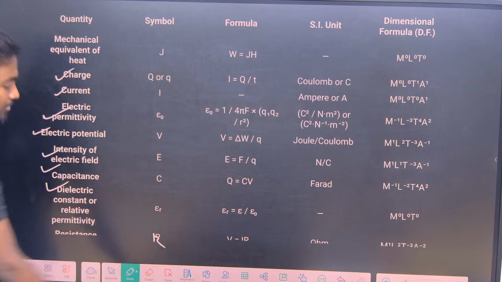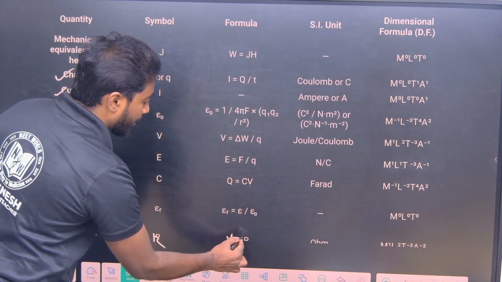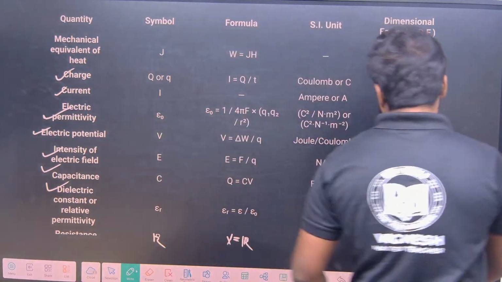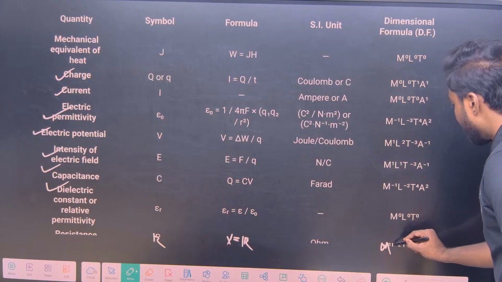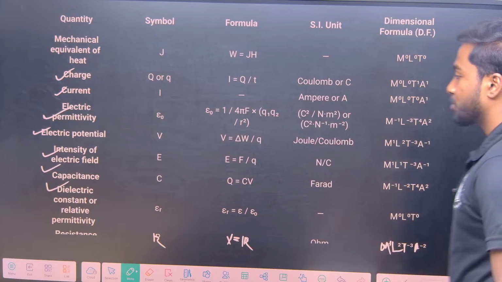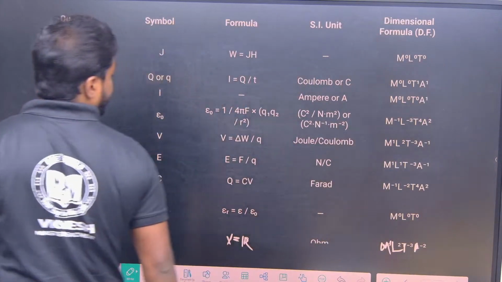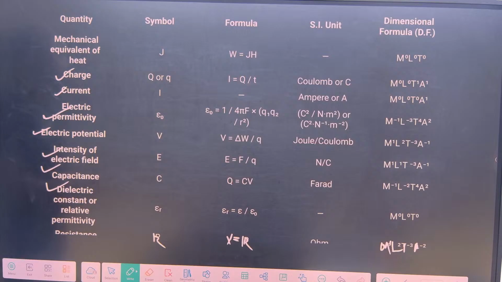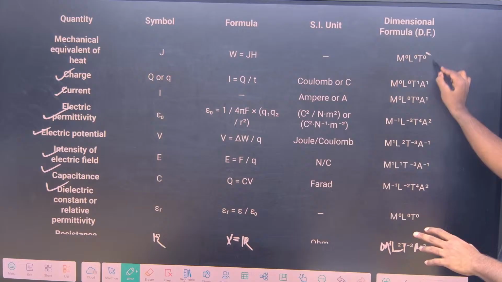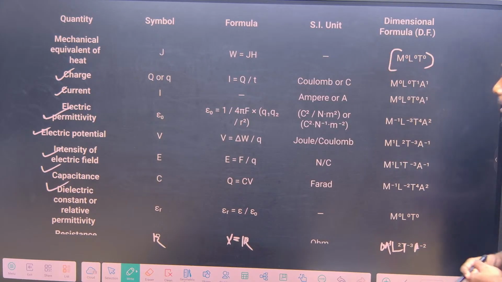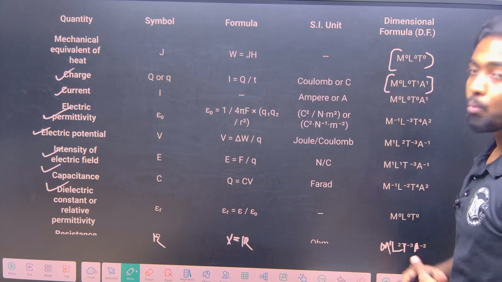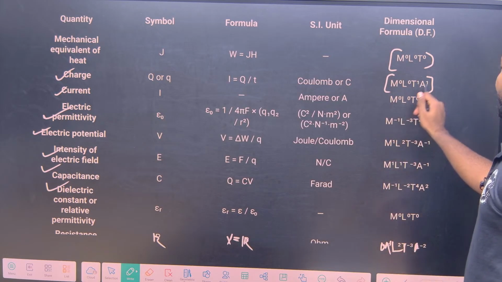Resistance: V equals IR, so R equals V by I, unit ohms, and the dimensional formula is M power 1, L power 2, T power minus 3 and A power minus 2. So these are the dimensional formulas. M power 0, L power 0, T power 0 for mechanical equivalent of heat. Charge is M power 0, L power 0, T power 1, A power 1, and A is nothing but ampere.